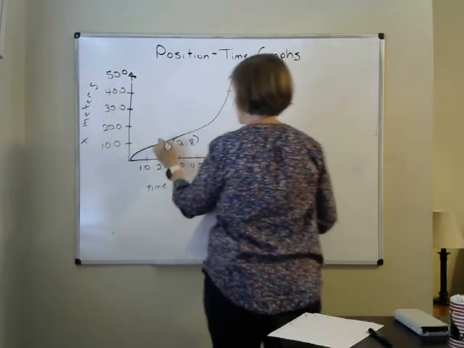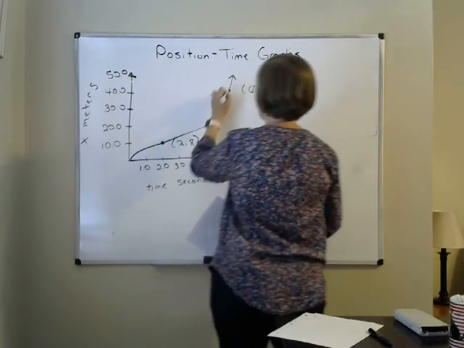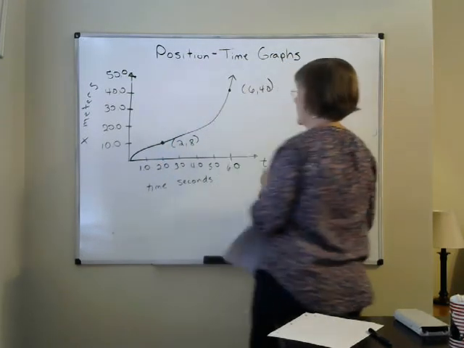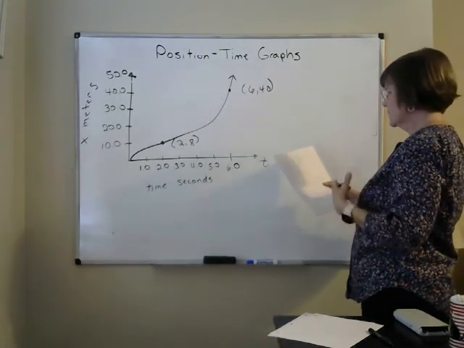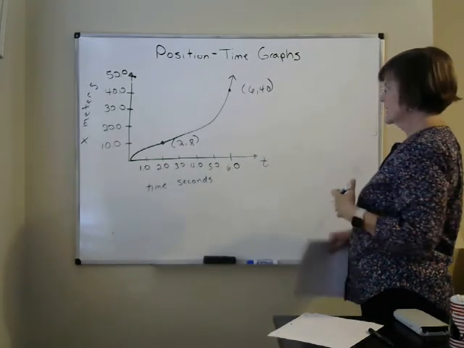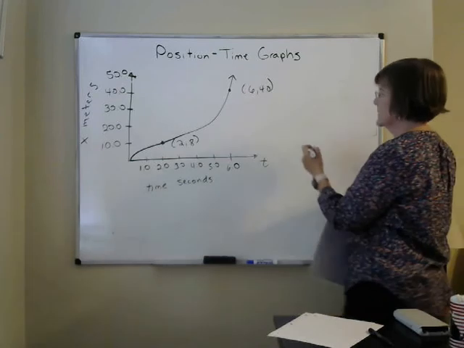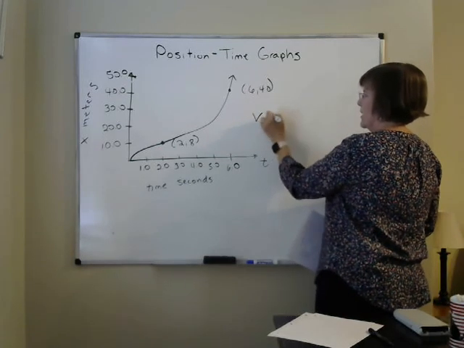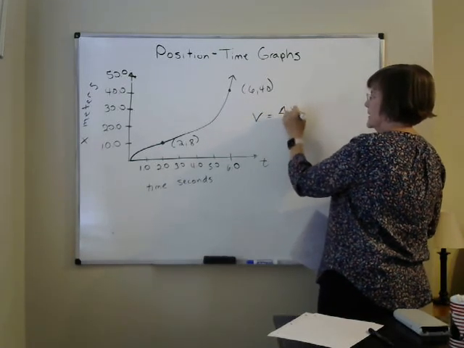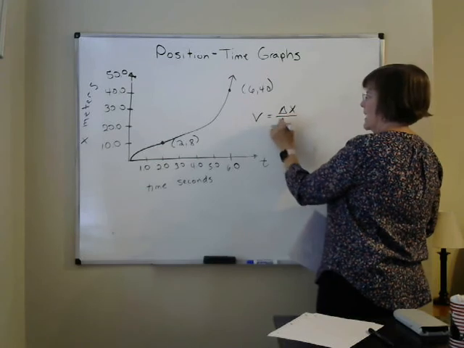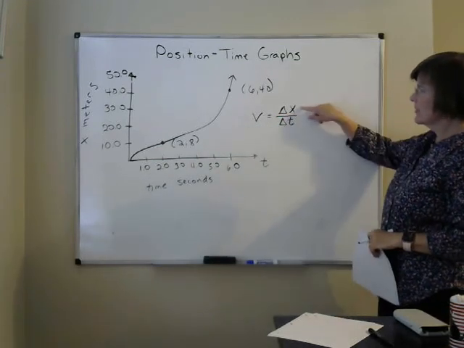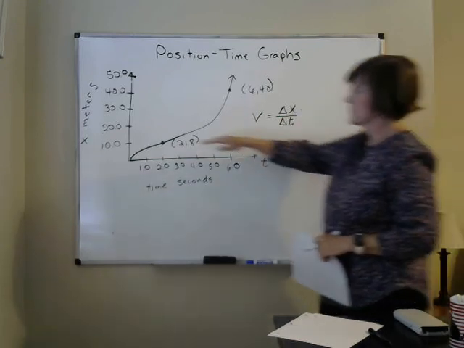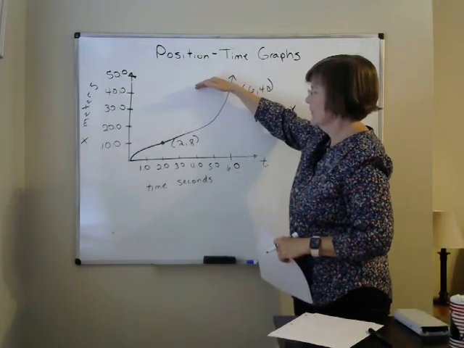We don't know what's going on, but we know this point and we know this point. If I said, let's find the average velocity between those 2 points, we would say, well, the average velocity is the displacement over the time. Now look at that for a minute. That's the vertical change from here to here.